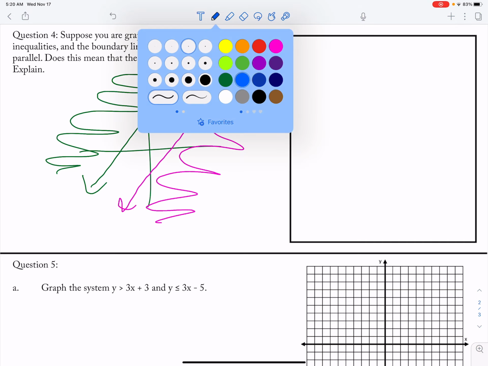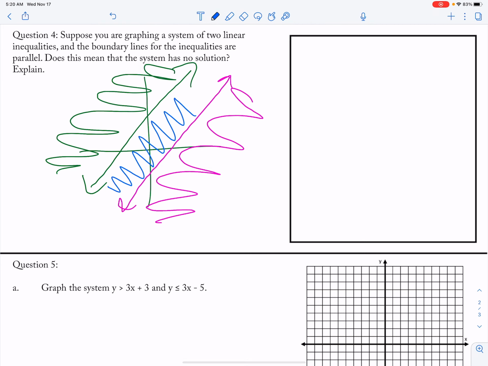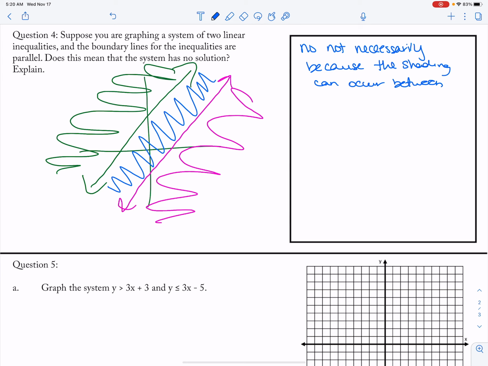But there is a chance that when you shade, you get the region in between, and that would make a solution. So no, not necessarily, because the shading can occur between the parallel lines.